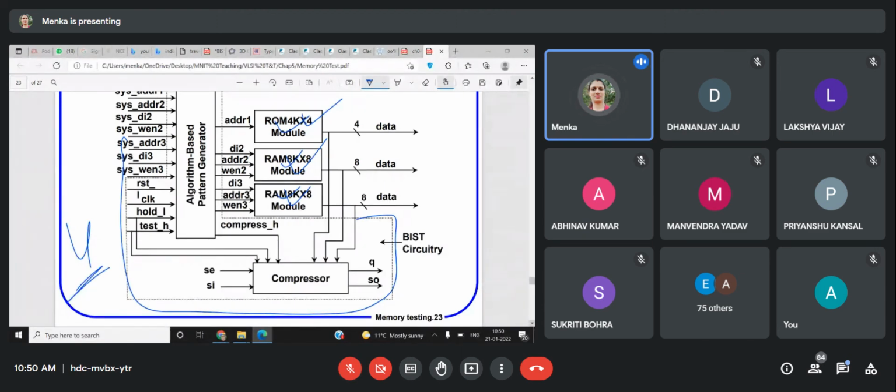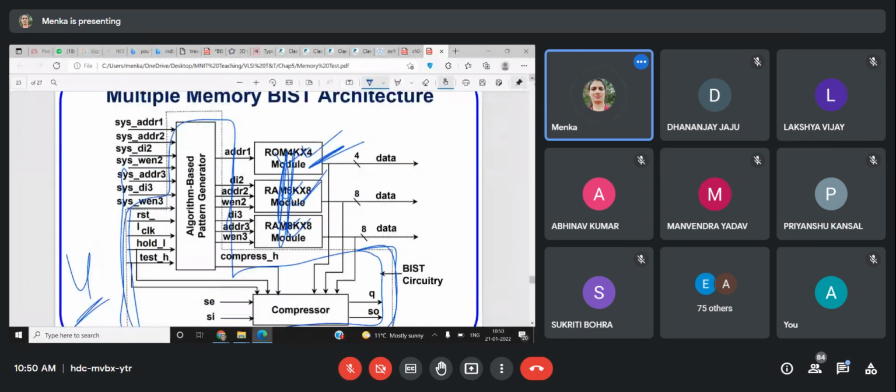In earlier days, they used to give 2 RAMs of 256 KB and 256 KB, so to make 4 RAMs you had to add more, and they provide the slots. All of those are accessed by one BIST circuitry, so whenever you use that particular block it is also connected with the BIST, and there is no need for a separate BIST. This is the multiple memory module BIST architecture.